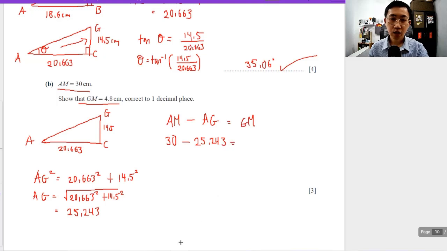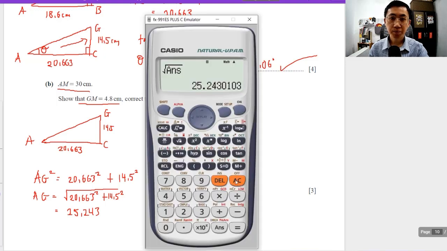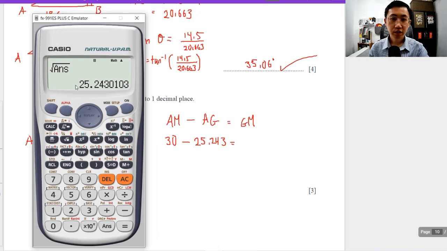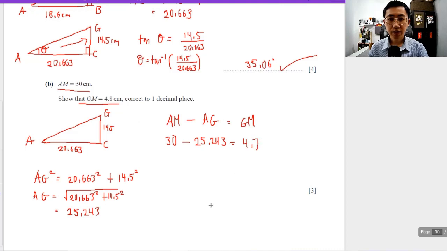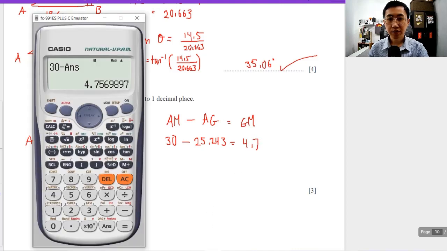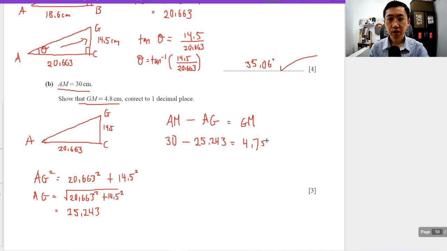Let's find our answer: 30 minus answer, so we get 4.757. Then you round to 4.8. That is for GM. So, shown.